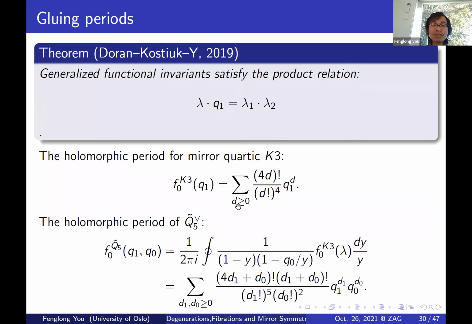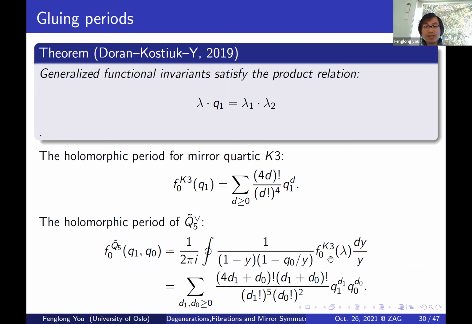Like the quintic case, we know about the period for the mirror K3, and we know about the generalized functional invariants, so we can compute the period for this conifold transition of the quintic by a residue integral of this F0 of K3 by the generalized functional invariant with some prefactors.